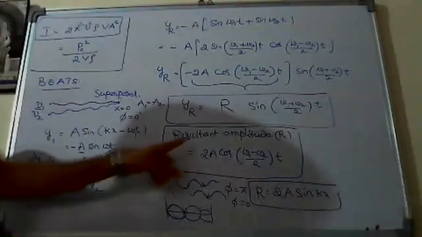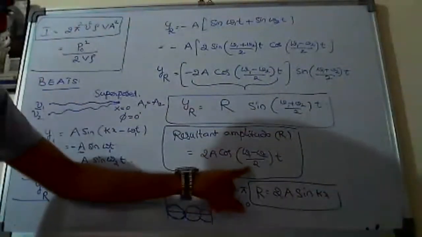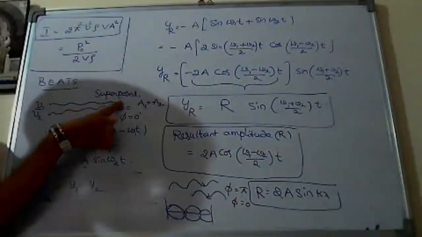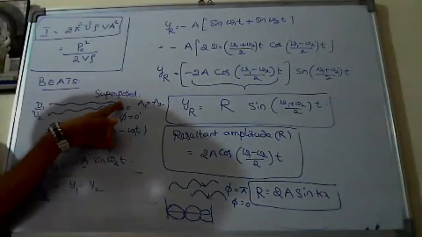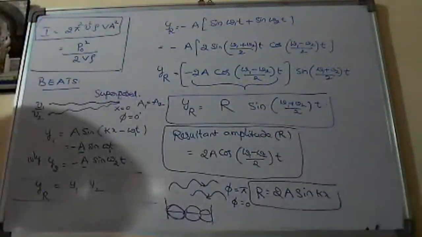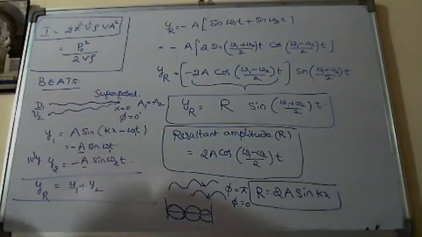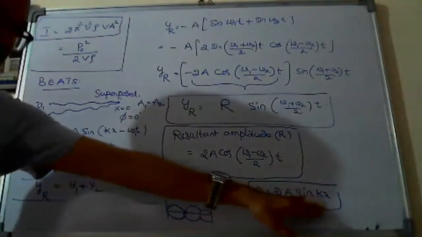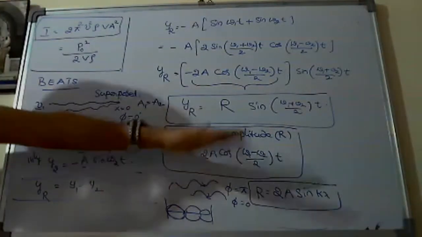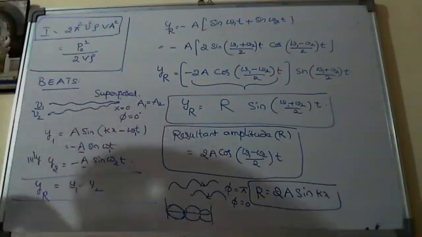Whereas in beats, the resultant amplitude does not depend upon x, because it is changing with time. That is the third difference: there the resultant amplitude changes with x, here it changes with time, not with x. At the same position, the resultant amplitude changes with time.